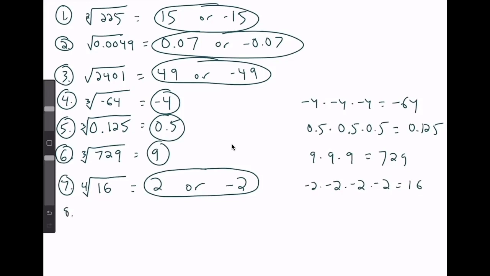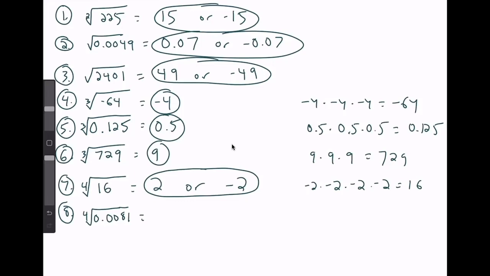Okay, one more. Number 8. What is the fourth root of 0.0081? Okay, so I'm going to do the same thing. I'm going to type in 4. I'm going to click on math. I'm going to go down. Mine's the 5th option down.